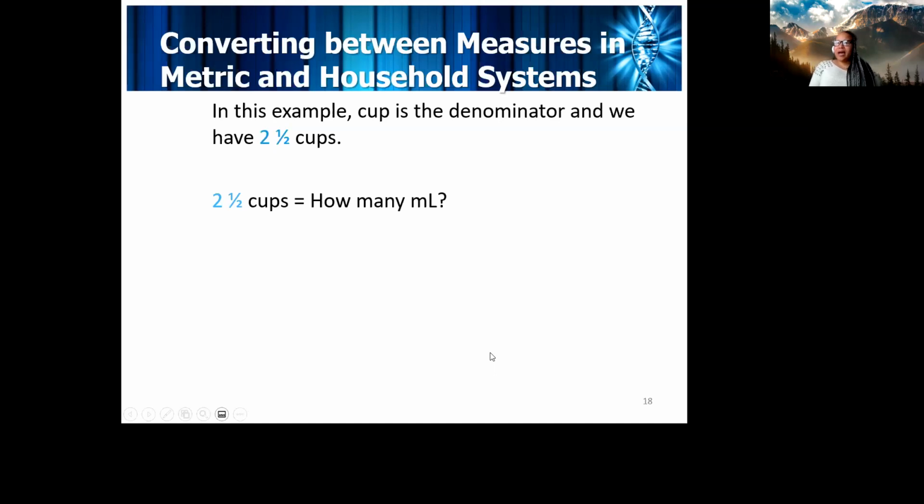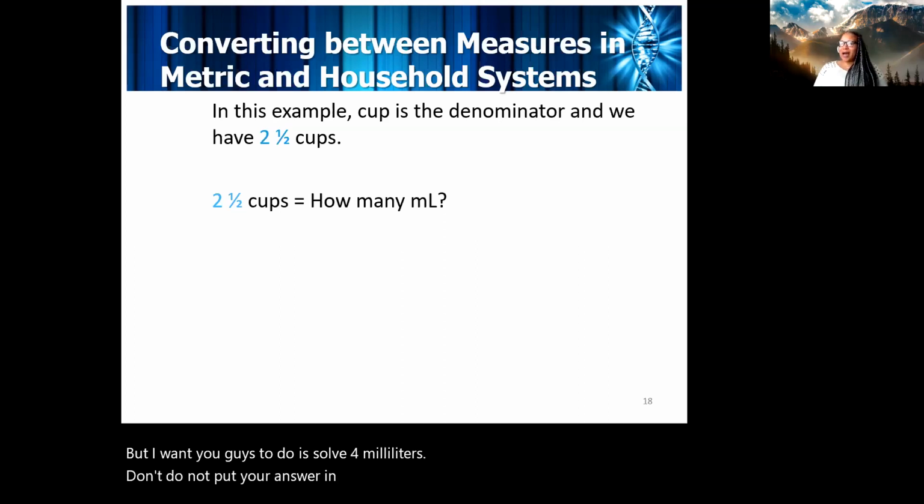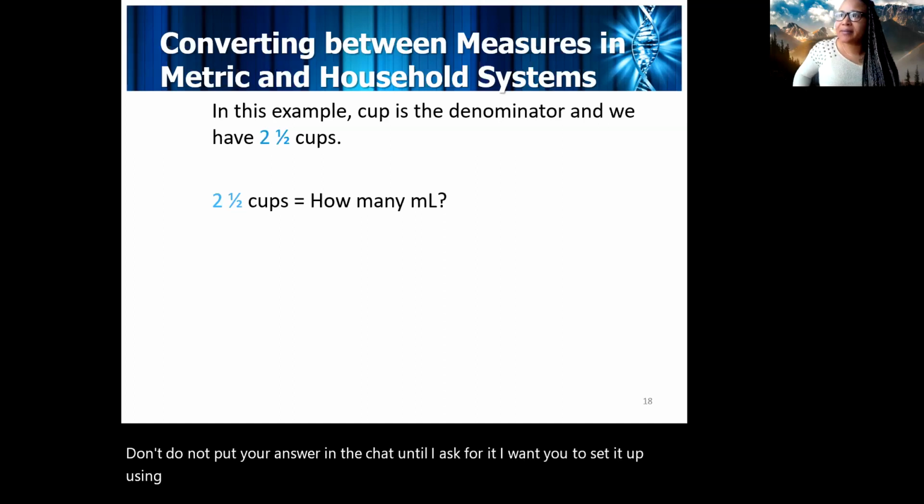What I want you guys to do is solve for milliliters. Do not put your answer in the chat until I ask for it. I want you to set it up using dimensional analysis. How are you going to set it up?